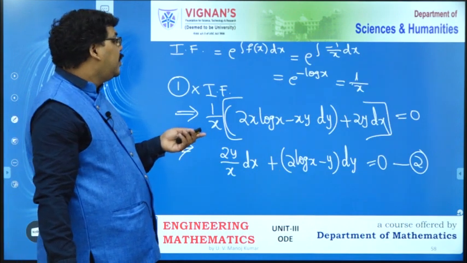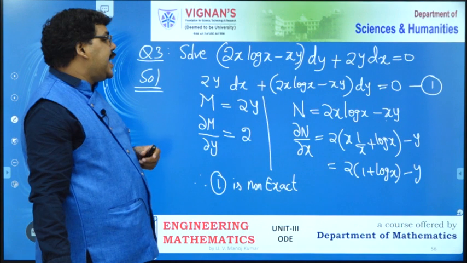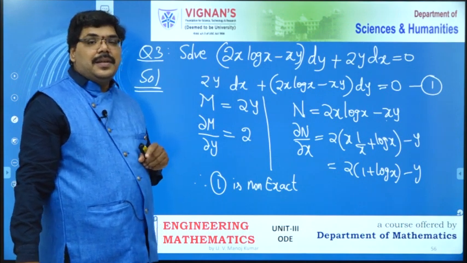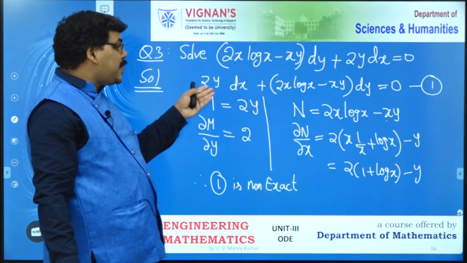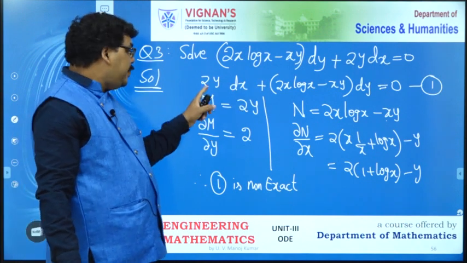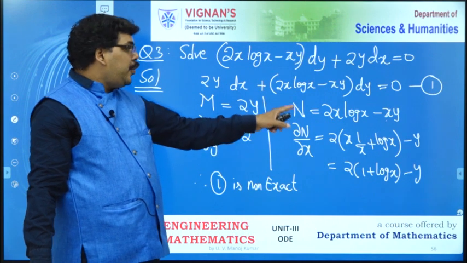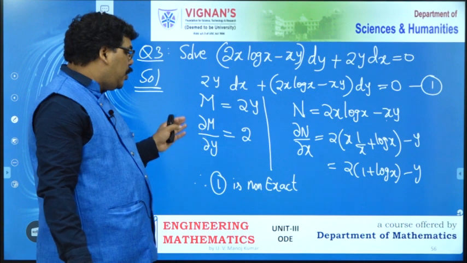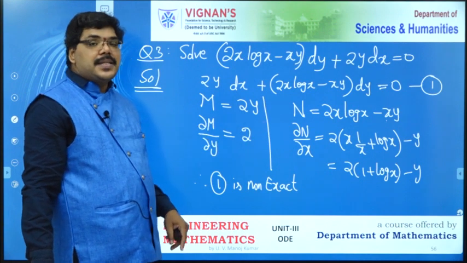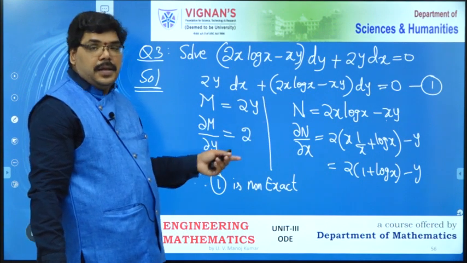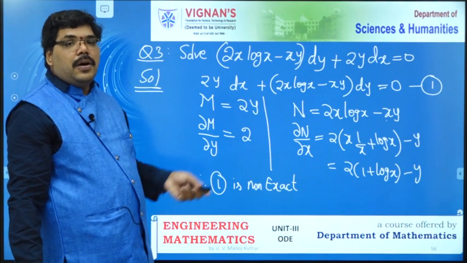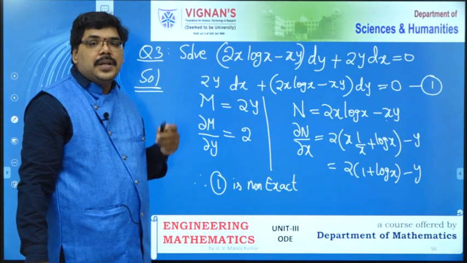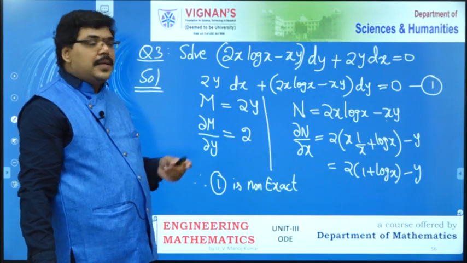So we have seen another non-exact differential equation. This is the given differential equation. First you write it in the m dx plus n dy form. What is m? 2y. What is n? 2x log x minus xy. We checked whether dou m by dou y equals dou n by dou x. They are not equal, therefore the differential equation is non-exact. After knowing that, we find the integrating factor.